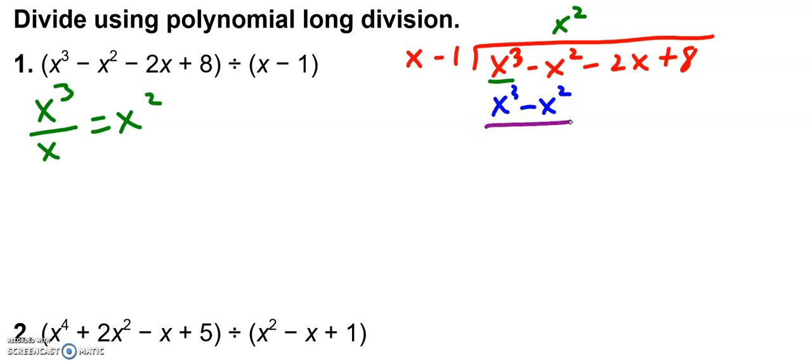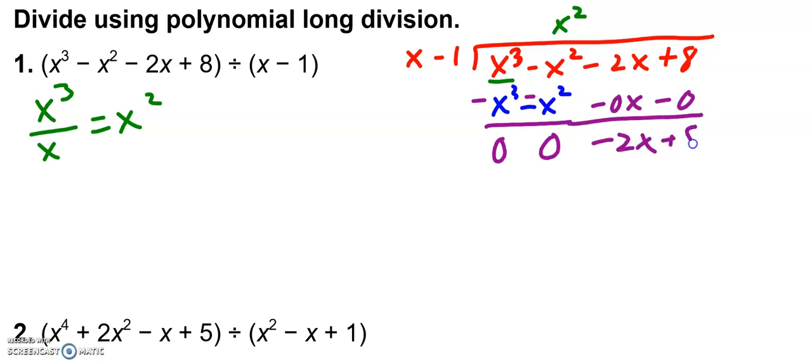Now we will subtract, and this should go to 0. Negative x squared minus negative x squared is actually negative x squared plus x squared, which also is 0. And remember, there's minus 0x and minus 0. We don't necessarily have to write that part in. I just know that negative 2x is going to come down, and the plus 8 is going to come down.